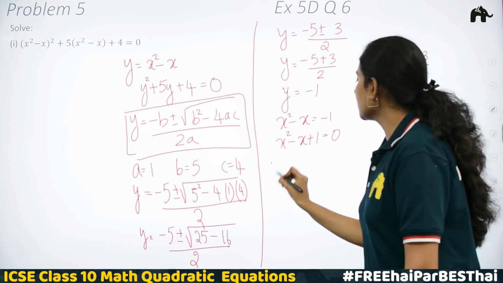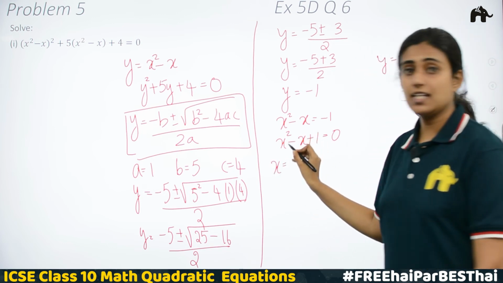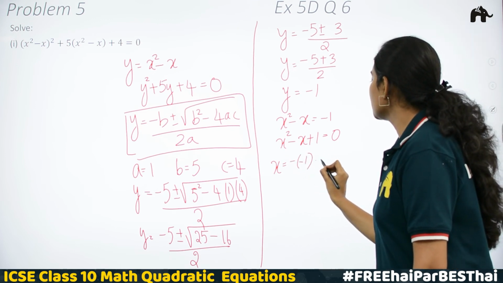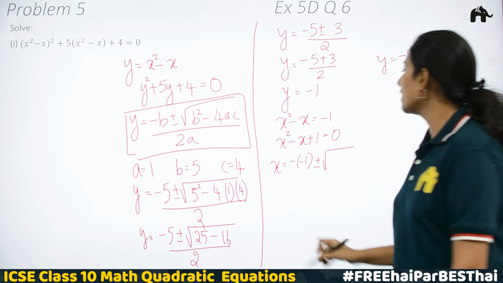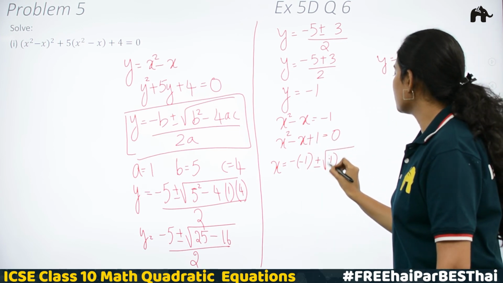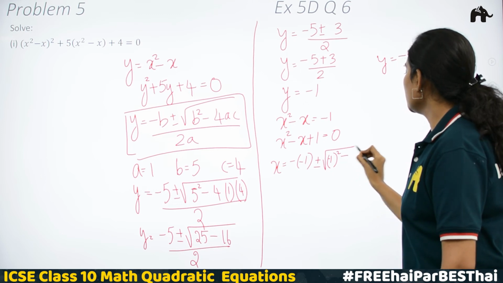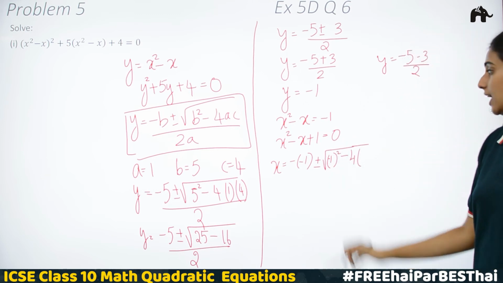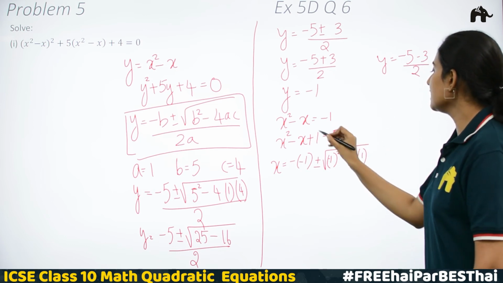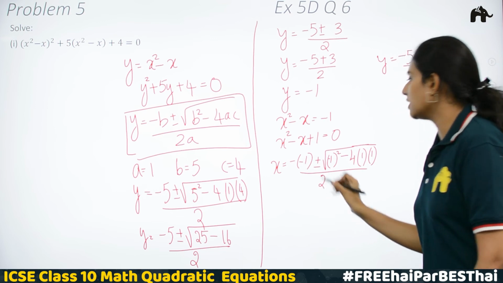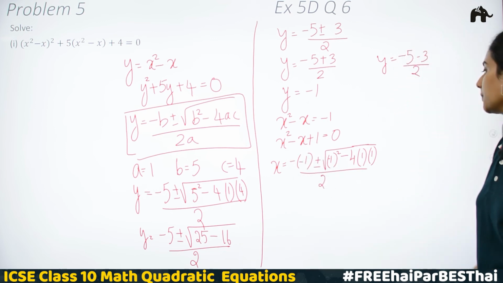Which means x is equal to minus b, minus of minus 1, plus or minus root of b square, minus 1 square, minus 4ac. 4 into a. What is a? A is equal to 1 and c is equal to 1. Divided by 2a. 2a is equal to 2.